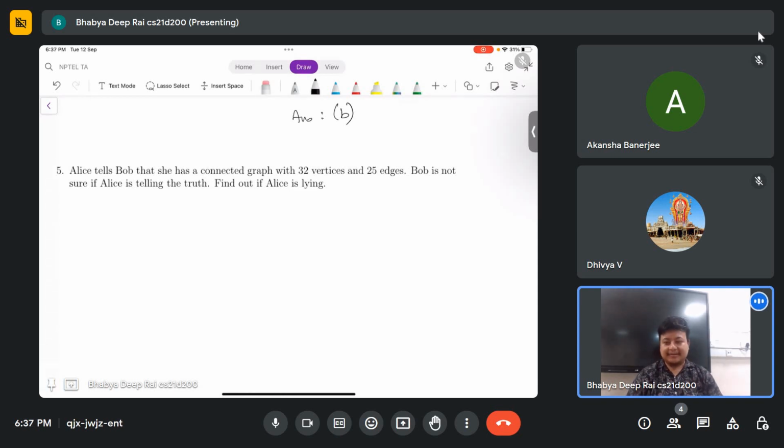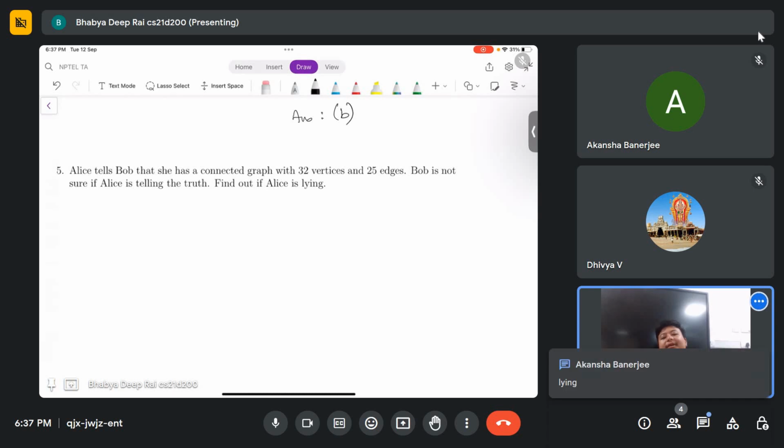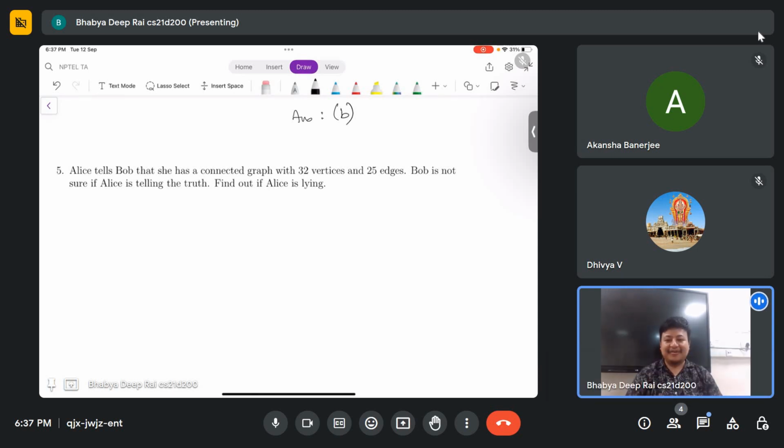So Alice says that she has a connected graph with 32 vertices and 25 edges. Oh, okay, she's lying. Can you tell why she's lying?